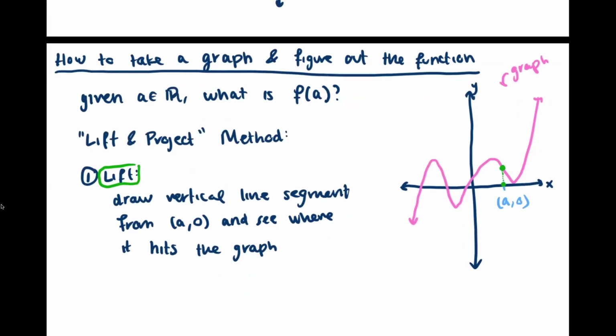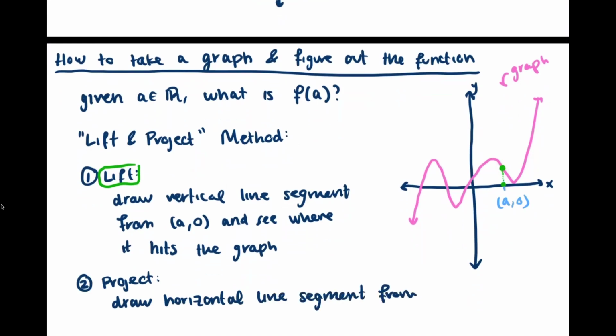Then what you're going to do is draw a horizontal line segment from this point where you hit the graph, going towards the y-axis. So draw a horizontal line segment from the point found in step 1 to the y-axis.